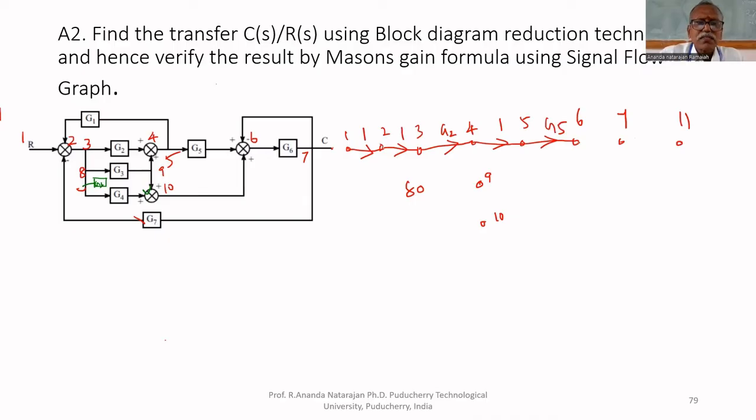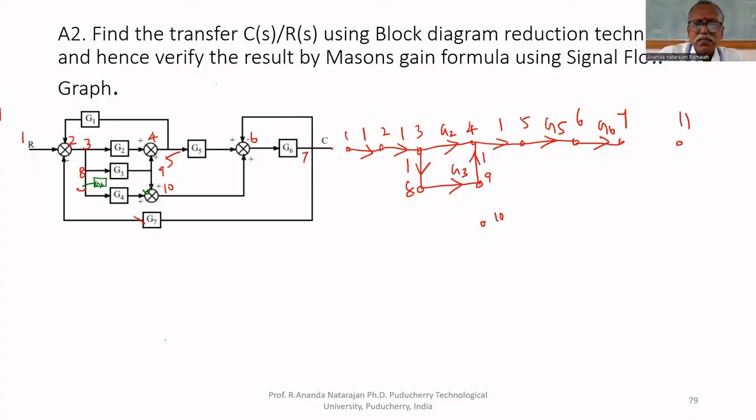G5. 6 to 7, G6. Then 3 to 8, direction is important. 3 to 8, gain is unity. 8 to 9, G3. 9 to 4, unity gain.